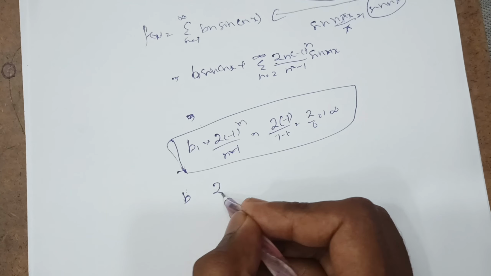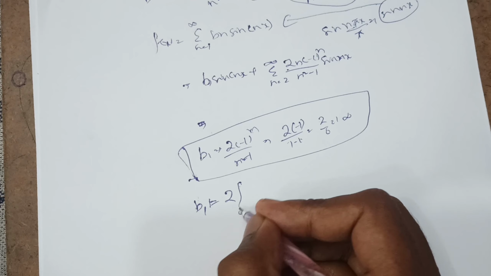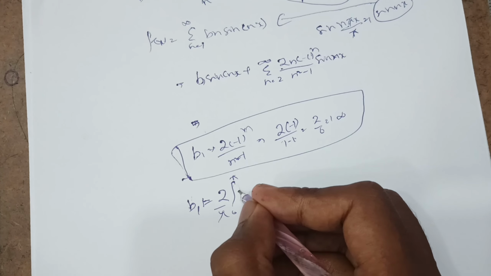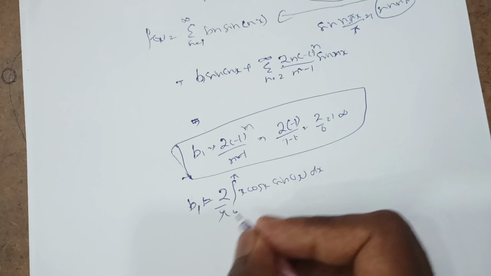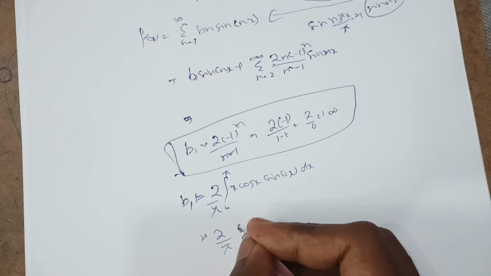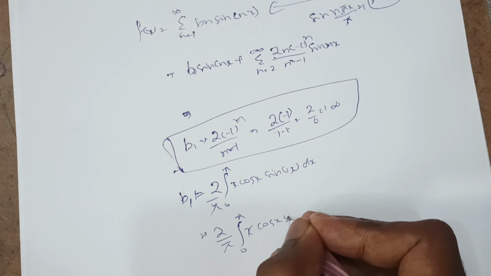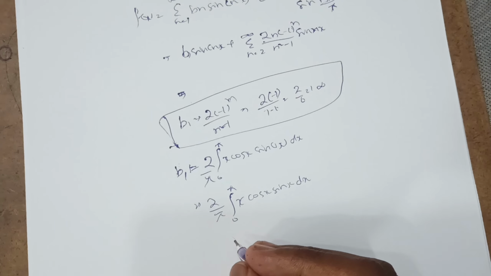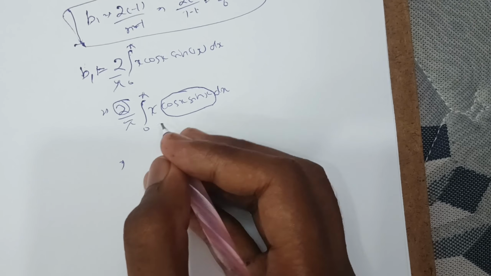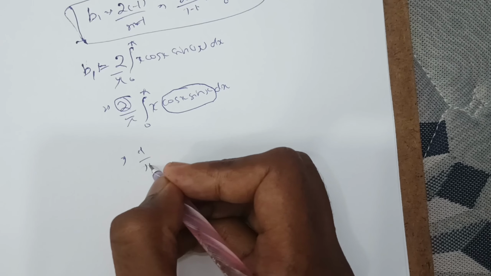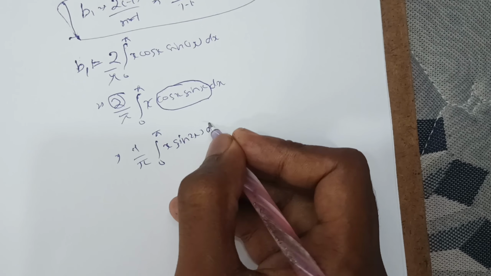So b1 equal to 2 by pi integral 0 to pi x cos x sin x dx, equal to 1 by pi integral 0 to pi x into sin 2x dx.